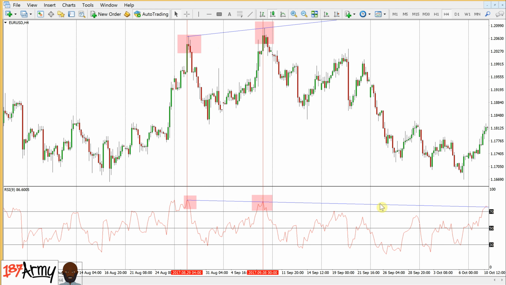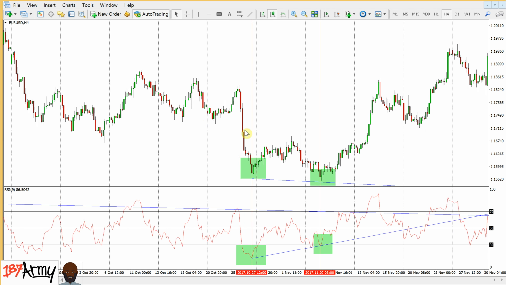This trend line is sloping downwards. So as you can see, with bearish divergence, price has made a higher high, but the RSI has made a lower high. And this is represented by the trend line on price sloping upwards, and the trend line on the RSI sloping downwards.